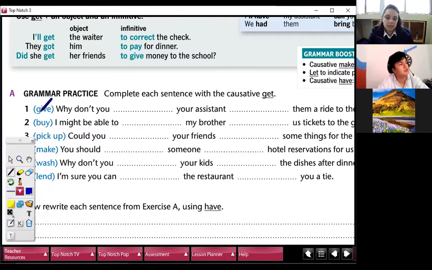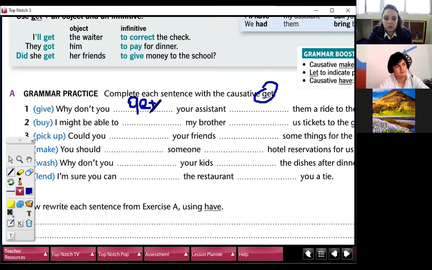It says give, in parentheses, why don't you, your assistant, and the rest of the sentence. It says that I have to complete with get, so the first thing I have to write is why don't you. Remember that you have to choose have or get. In this case it says get, so you write, sorry for my letter, I know that you have a better letter, get.